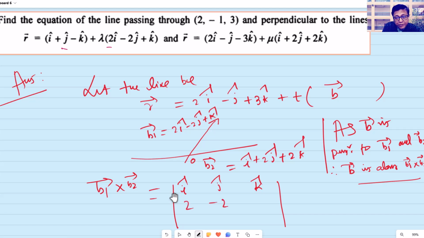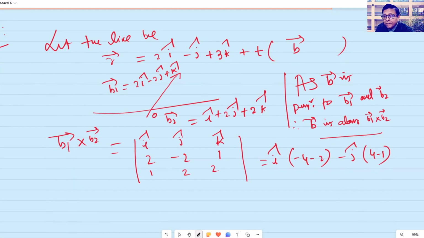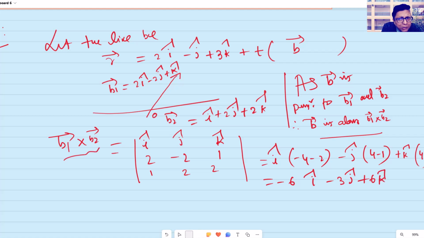You are all very good in cross product. i times (minus 4 minus 2), minus j times (4 minus 1), plus k times (4 plus 2). It's okay? Understood? Now it is minus 6i, isn't it? So you got b1 cross b2.